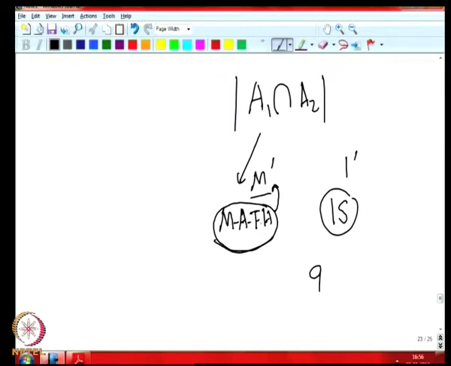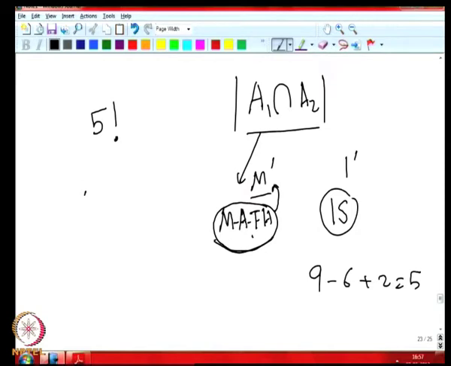Here we reduce by 6 and add 2, because we substituted m dash and I dash, so total 5 letters. These 5 letters can be permuted in 5 factorial ways. Whenever we see m dash we resubstitute math there, and whenever we see I dash we resubstitute ease there. So we will get those permutations where both math and ease appear in consecutive positions. That is what A1 intersection A2 is.